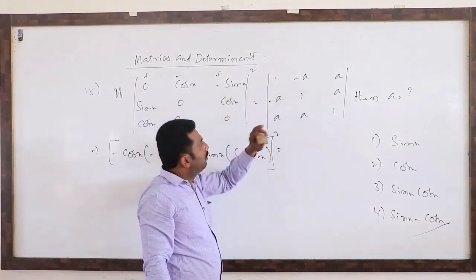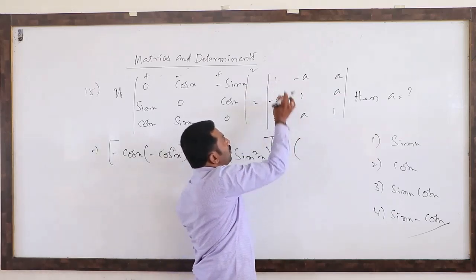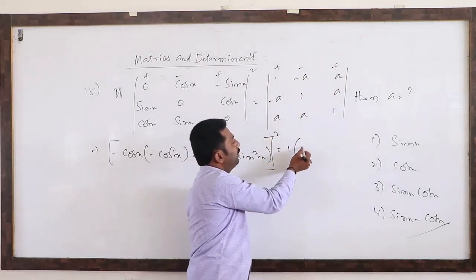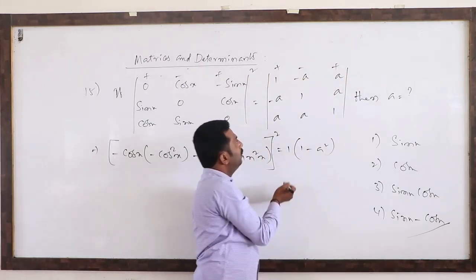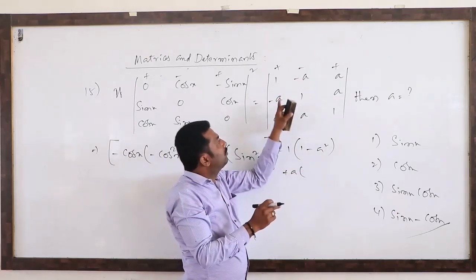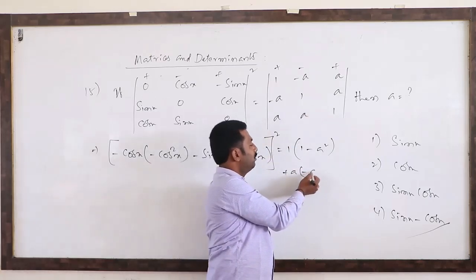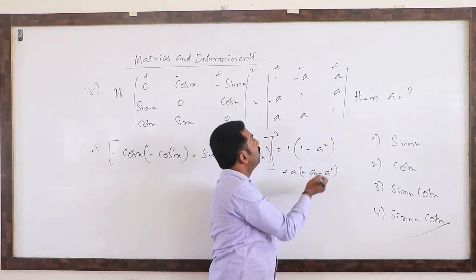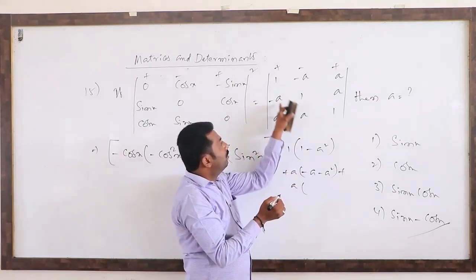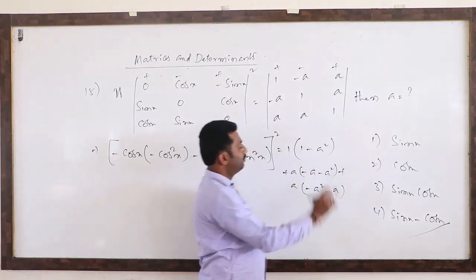Then this determinant, you observe, 1 into, if you close this row and column, plus minus plus, 1 minus a square, plus a into this column closed, minus a square, plus a into minus a square minus a.